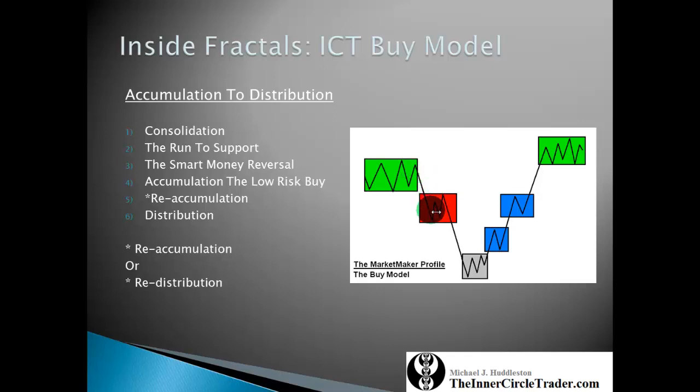The second stage is what is referred to as the run to support. Now what I'm doing is conceptualizing the overall framework of what builds the idea of an ICT buy model. I'll move down into a support level that will cause some measure of buying and then the subsequent price move higher. The third stage in the overall model is the smart money reversal.